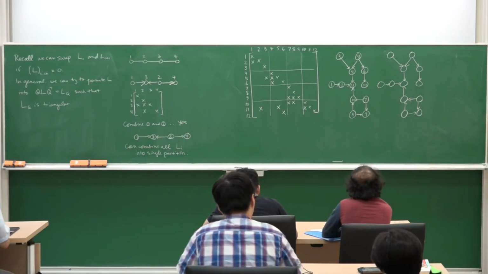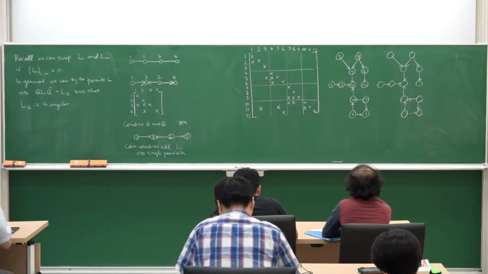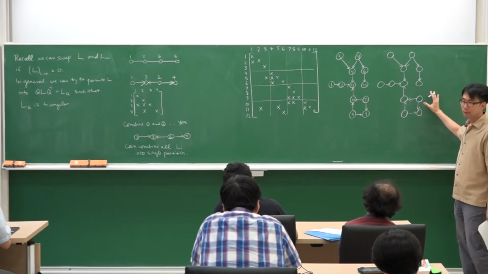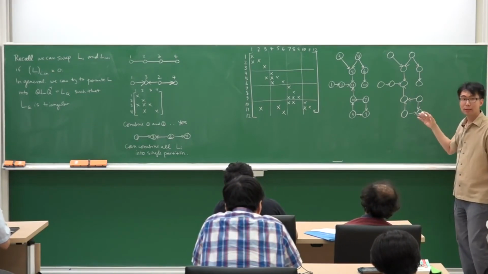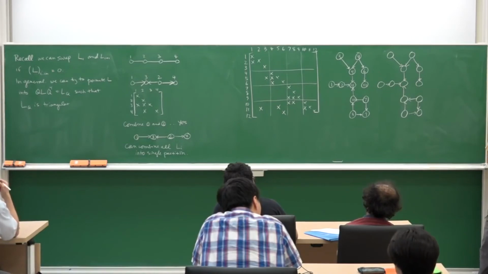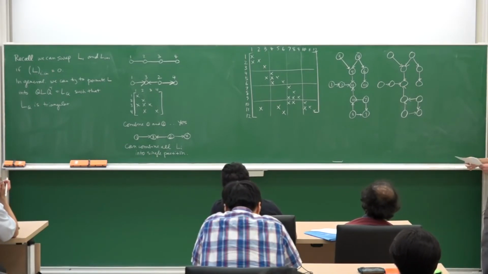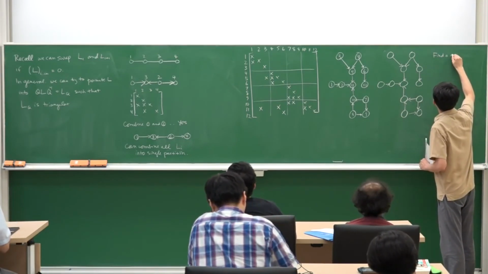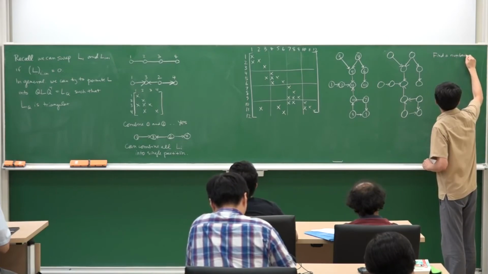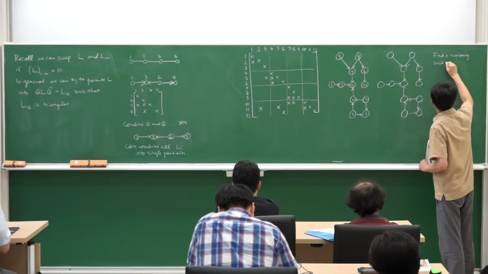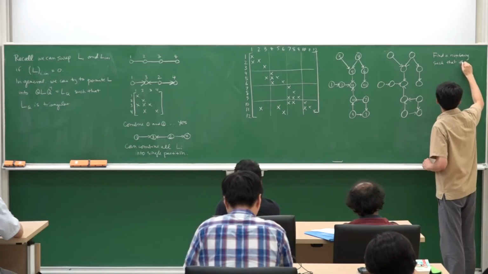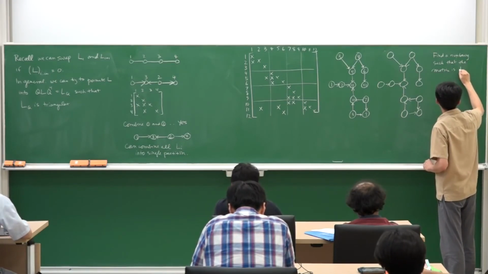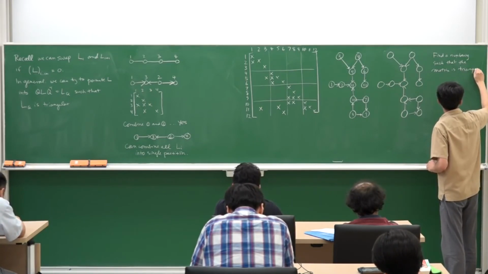So we want to find a new numbering such that the matrix is still triangular. Let's say lower triangular.